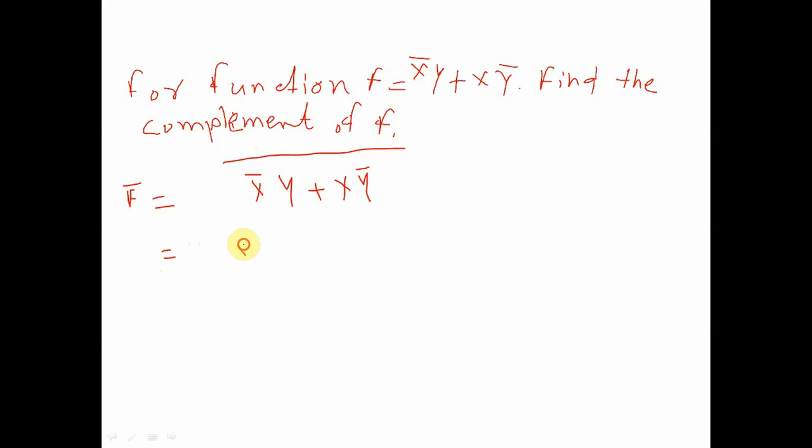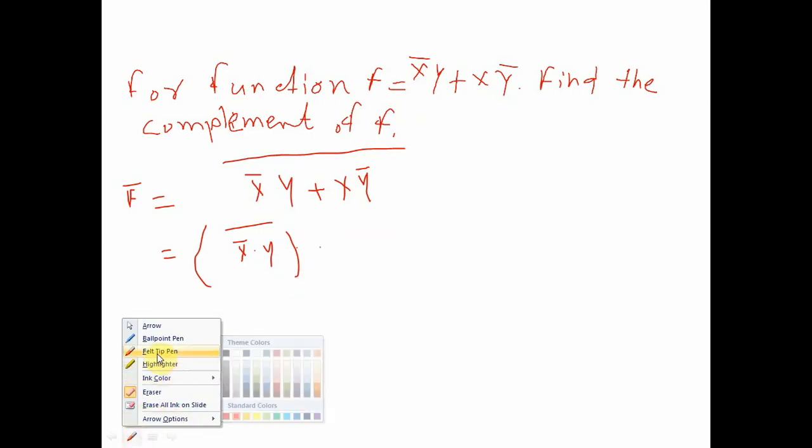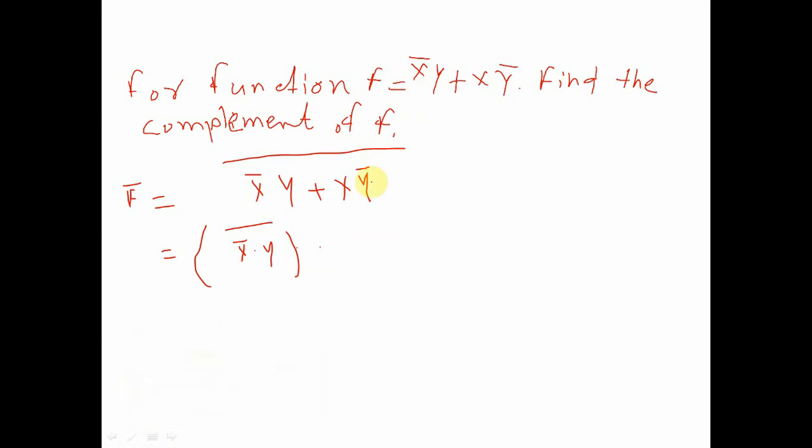How to apply De Morgan's theorem? First, x bar bar dot y bar, and here the addition is converted into multiplication. Addition is converted into multiplication, and in the second bracket, x y bar again with a bar.